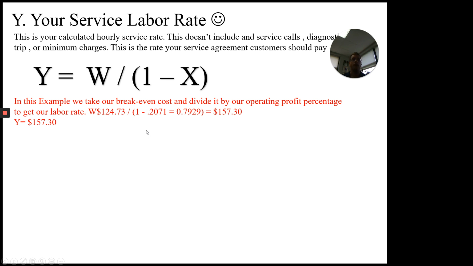We took the 1 minus our 20.71%, and we got a number of 0.79, so 79%. And then we just divided our break-even amount by our percentage that we need to add to it, and we got a number of 157.30. So my service labor rate is 157.30.